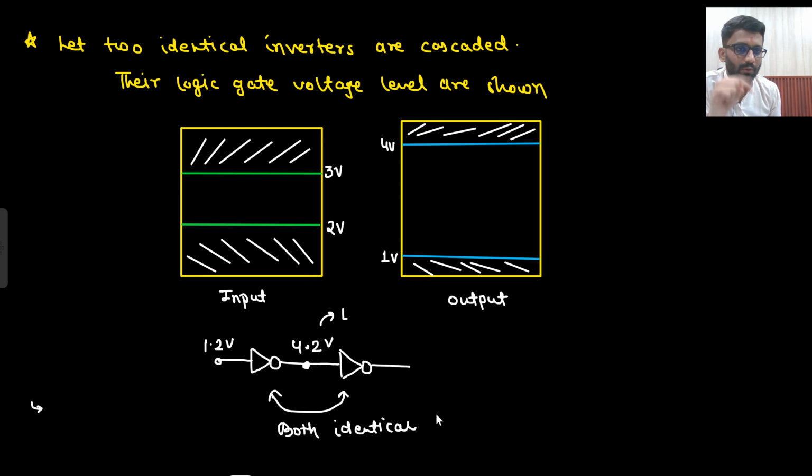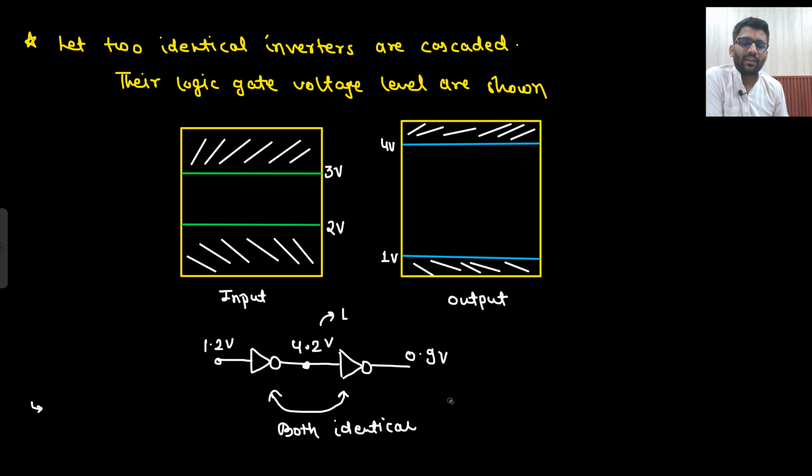At the output I will receive low. So at the output what should I receive? 0.9 volt. Right? If I receive 1.1 volt here at the output, then that is an issue, because the output will read low as 1 volt. So at the output I should receive 0.9 volt. Say yes or no? Right?